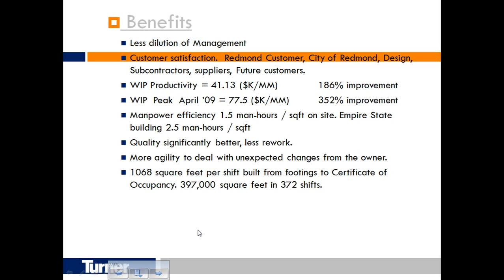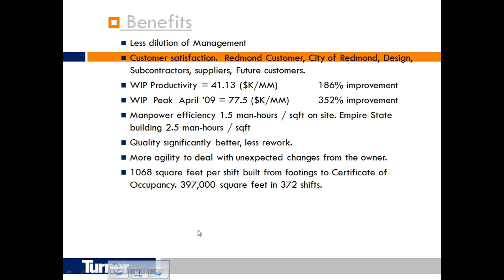Customer satisfaction increases. Usually the speed with which we build is very exciting for them. Now these numbers reflect Seattle, thousands of dollars per man month.